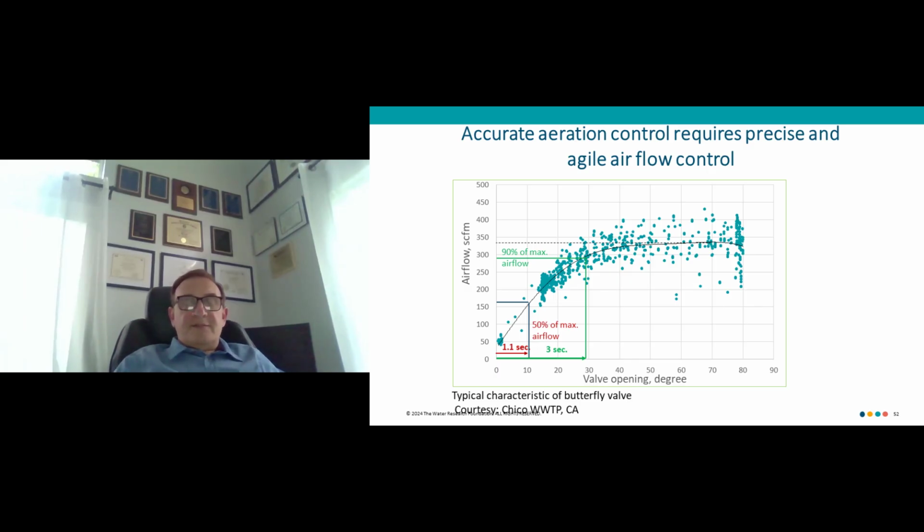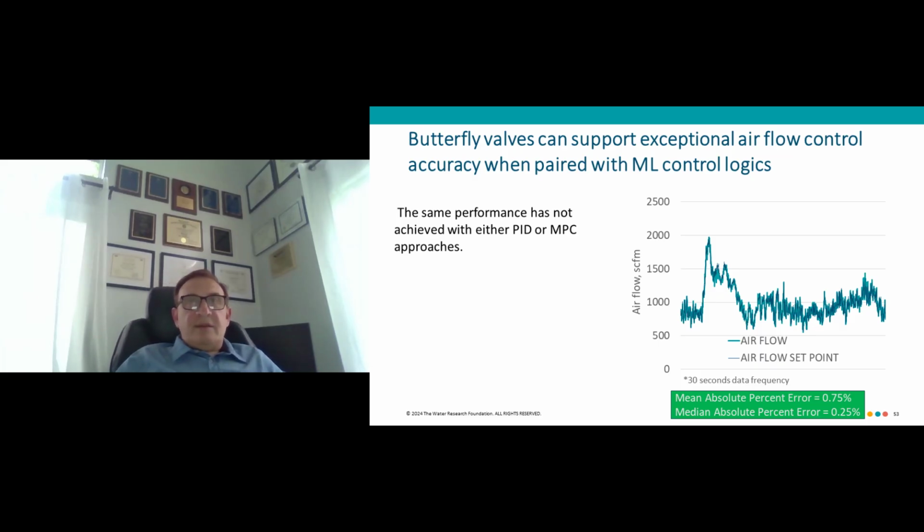While linear control valves offer superior airflow control at 1% accuracy, their high cost is prohibitive for many plants, because the cost is in tens of thousands of dollars versus several hundred for the butterfly valve. At Pomona, we achieve similar or even better accuracy than linear valves with regular butterfly valves by combining butterfly valve operation with machine learning logic.